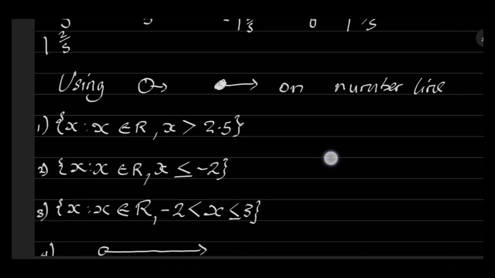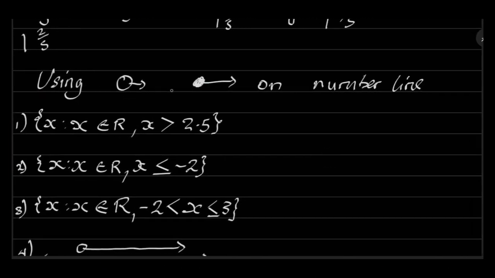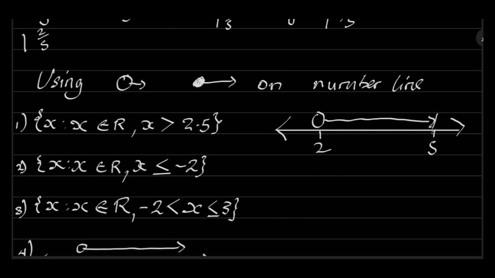Okay, now we also have to learn how to use these two symbols when we are on a number line. Anytime you see an arrow on a number line, it is giving you a range of numbers. So for example, if I put 2 and 5 here, and then I give this, what I'm saying is my range of values for x is all the numbers from 2 to 5.